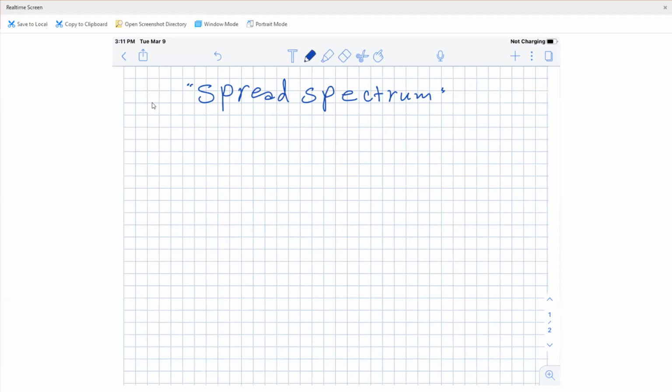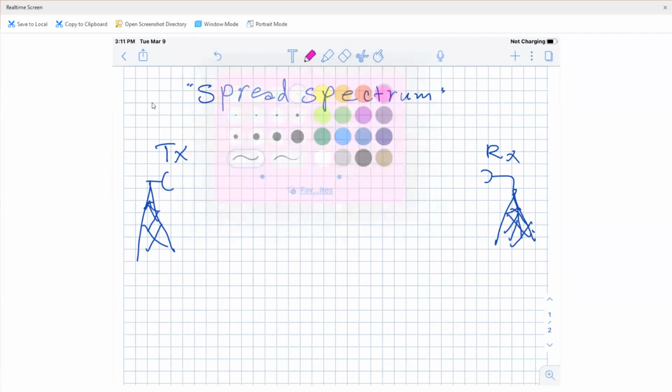Now in any communication system we have a transmitter, and on the other end we have a receiver, RX and TX. How are we going to transfer the signal between these two endpoints? Of course, through a channel. In a multipath communication system, we have the following. We have a line of sight signal.